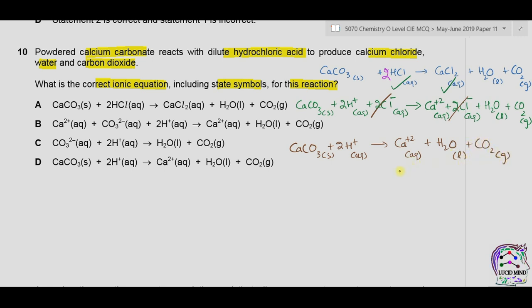Now this is the ionic equation for this reaction. As we can see, in D we have calcium carbonate solid, then 2H+ aqueous, then Ca2+ aqueous, water in liquid form and carbon dioxide in gaseous form. So therefore D is the correct answer.